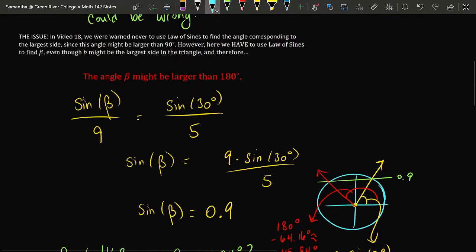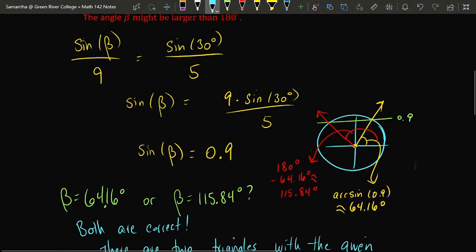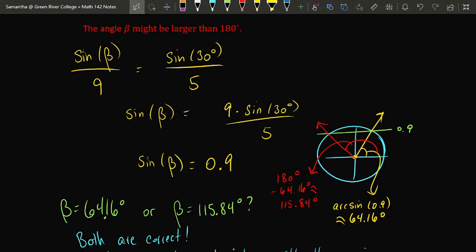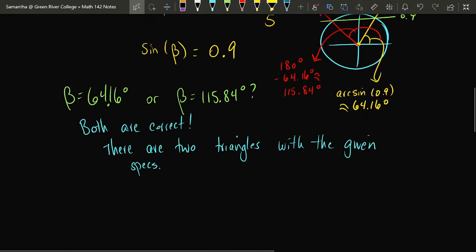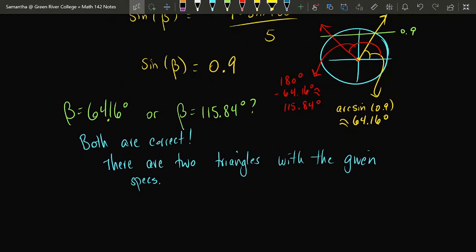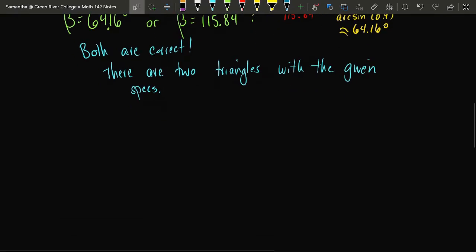So in situations like this, where you have two triangles that satisfy the given data, two values of beta that are legitimate solutions to sine of beta equals 0.9, there are now two triangles whose data you have to fill out.